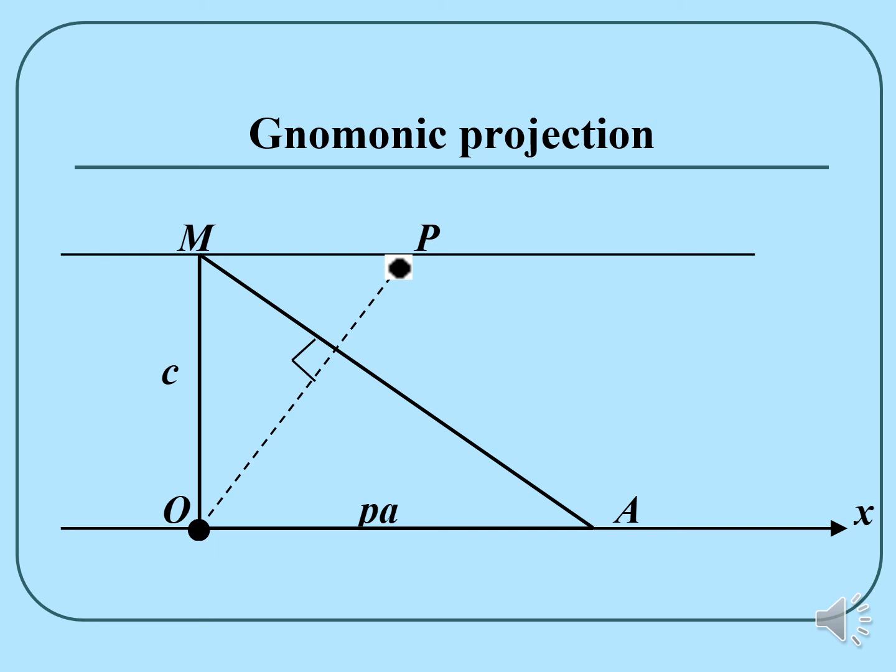MP is the same as d. In other words, d is the distance of a point on the gnomonic projection from the central point of the projection M. OP is perpendicular to MA, and MP is parallel to OA.